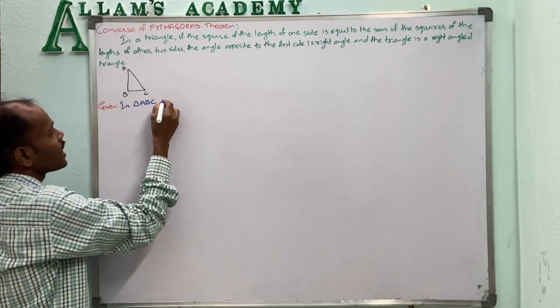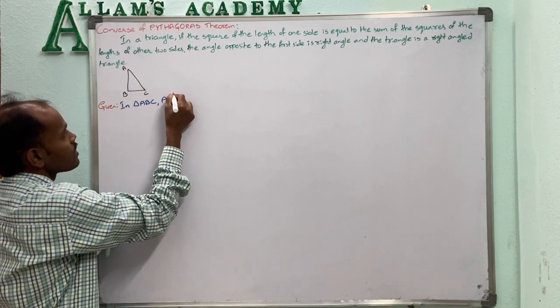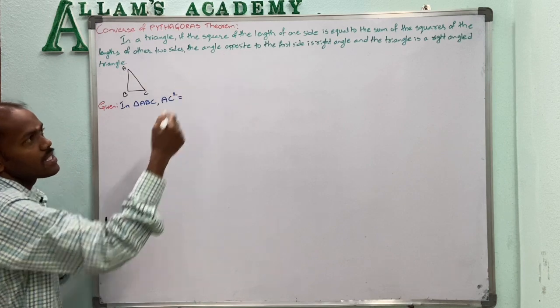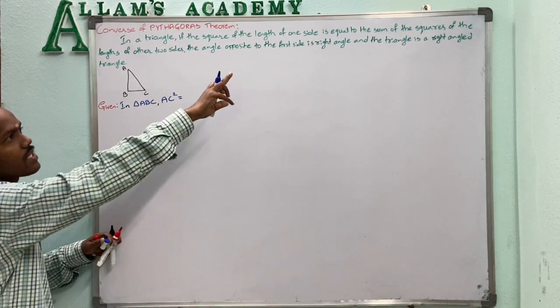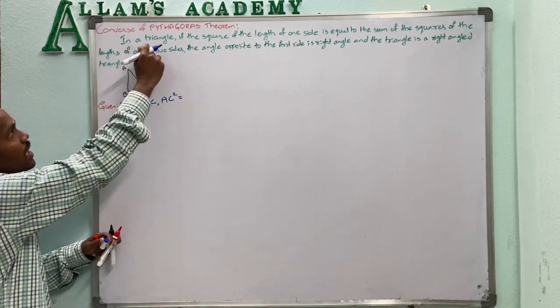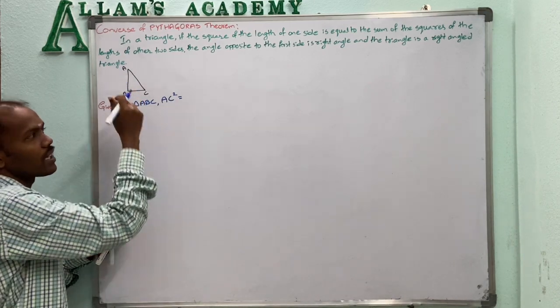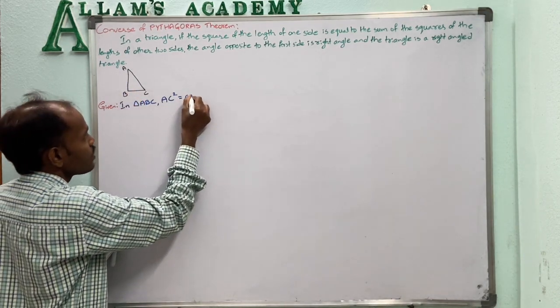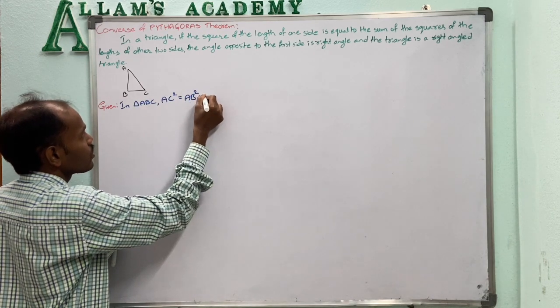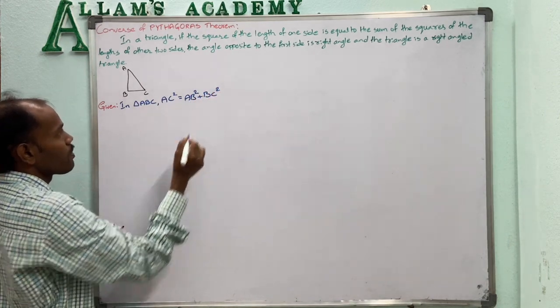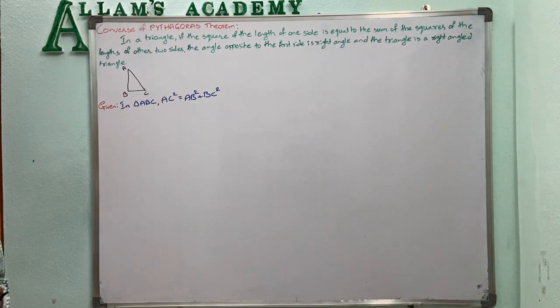So I am taking AC square, side square, equal to the sum of the squares of the lengths of the other two sides. So the remaining two sides are AB, BC. So the sum of the squares of these two sides, AB square plus BC square.